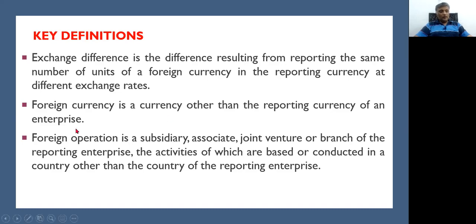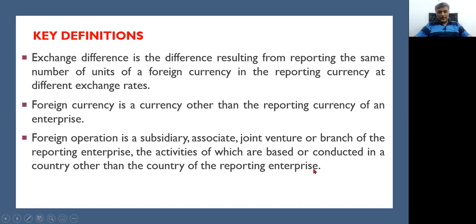Now, foreign currency is a currency other than the reporting currency of an enterprise. For example, if I am in India, INR is my reporting currency and USD is my foreign currency. Then we have something called foreign operation, which I've discussed in a separate video. But just to give an intro, a foreign operation is a subsidiary, associate, joint venture, or a branch of the reporting enterprise, the activities of which are based or conducted in a country other than the country of the reporting enterprise.